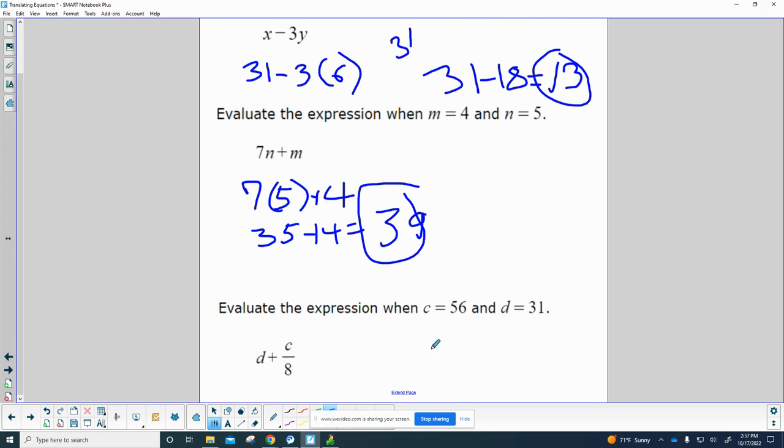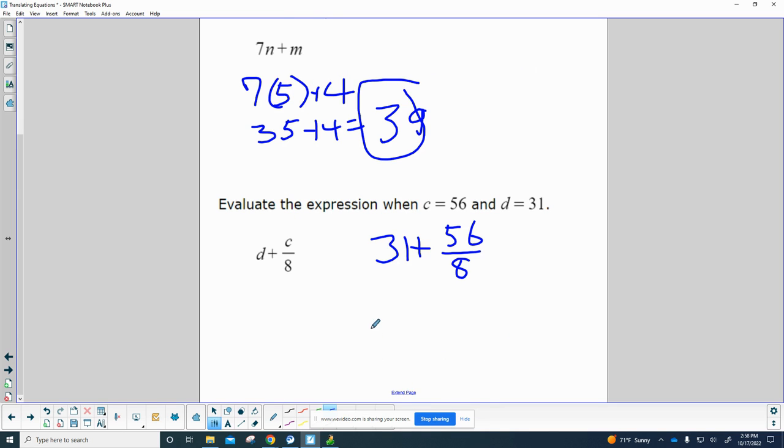Evaluate this expression when C is 56 and D is 31. We're just going to plug in the numbers given for each variable. So 56 divided by 8, and 56 divided by 8 is just 7. So this is going to equal 31 plus 7, which equals 38.